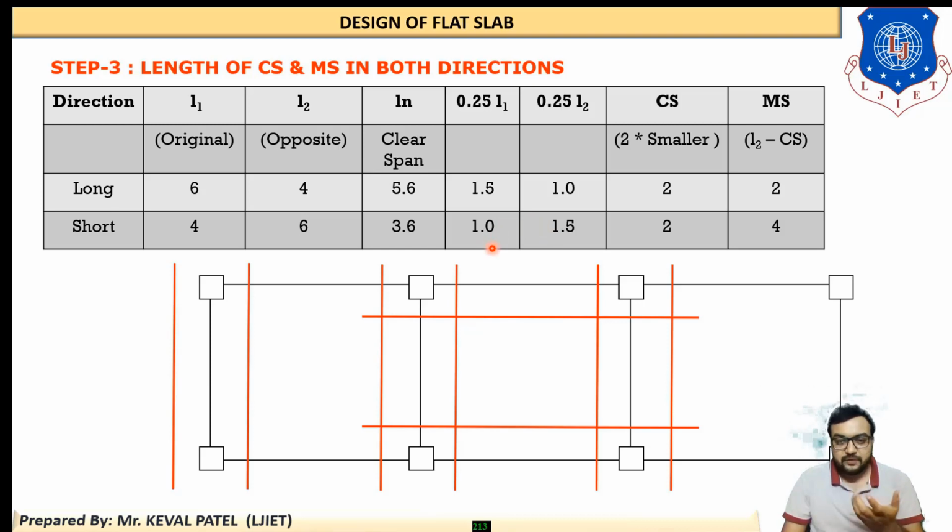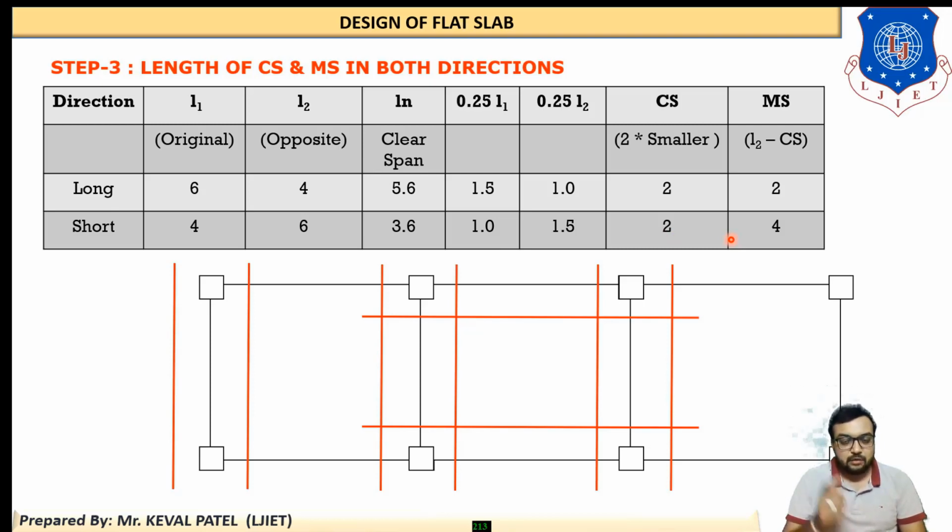Same, smaller value is 1, but column strip is generated on both the side. So the equation is 2 into smaller value, which is equal to 2 into 1. So our value of column strip in short direction is also 2 meter, and the last column is middle strip.